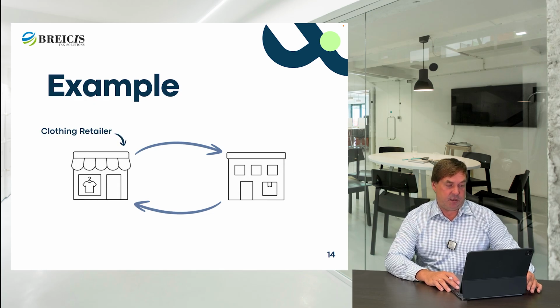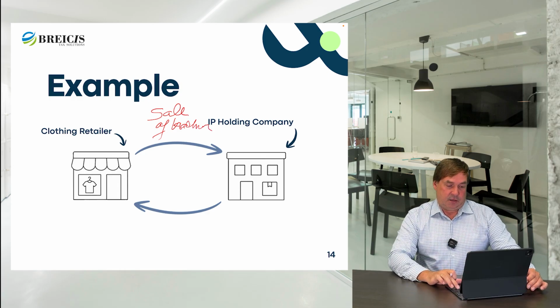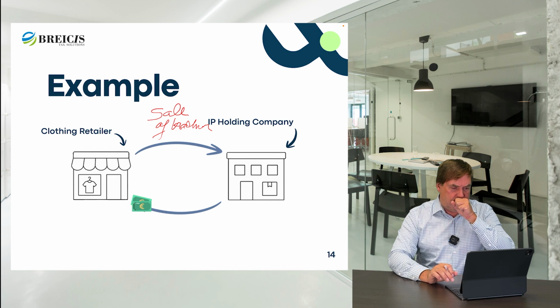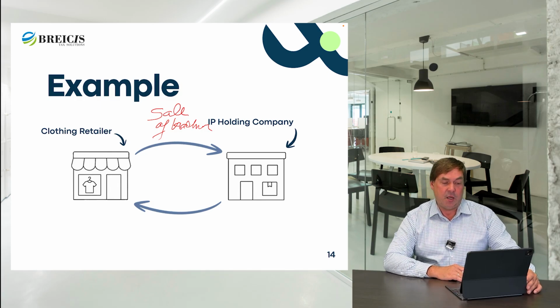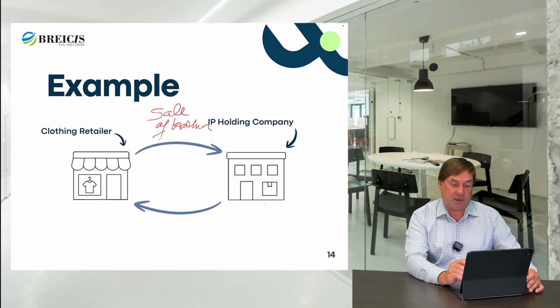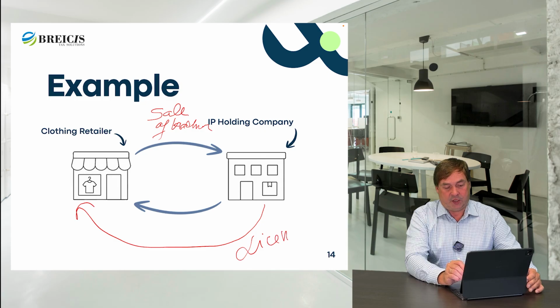This could be seen in this example. We have a clothing retailer, this is the trading company, and we have the IP holding company. What happens here is that the clothing retailer sells the trademark, and the IP holding company pays money for that, and then the holder and owner of the trademarks is this IP holding company, which in the next step is licensing back the use of the trademark.